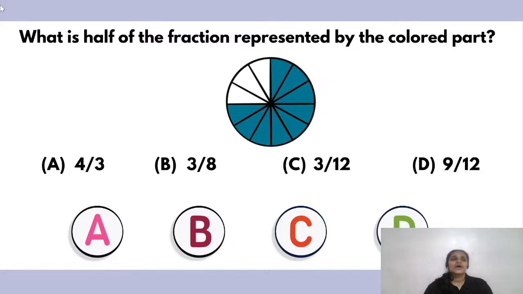Let's answer this. What is half of the fraction represented by the colored part? So this is the colored portion, and what is the half of this?